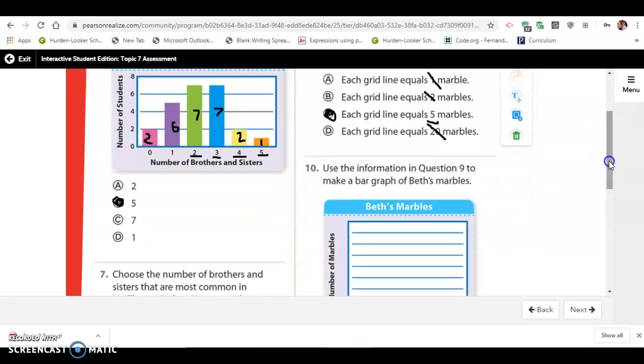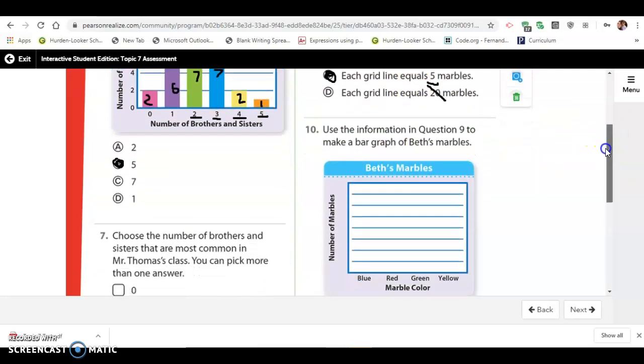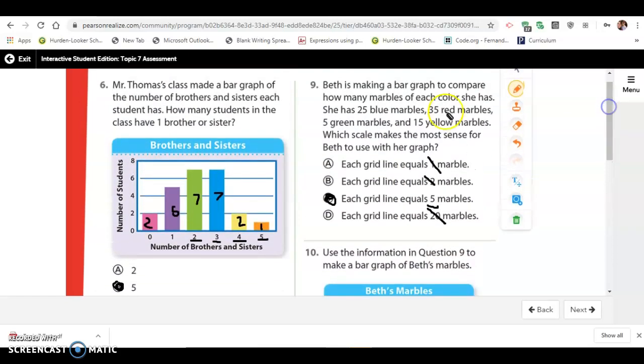Then we're going to use this information right here to fill in the bar graph. So we know that we're going to be counting by 5s.